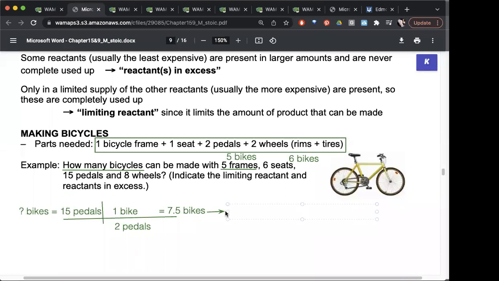So really, we could make 7 bikes. And then we would have used 14 pedals and have 1 pedal left over.